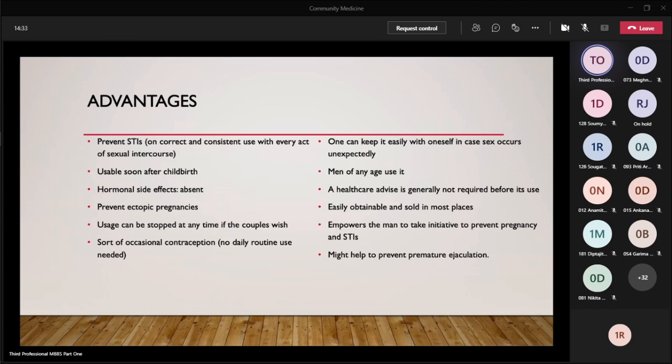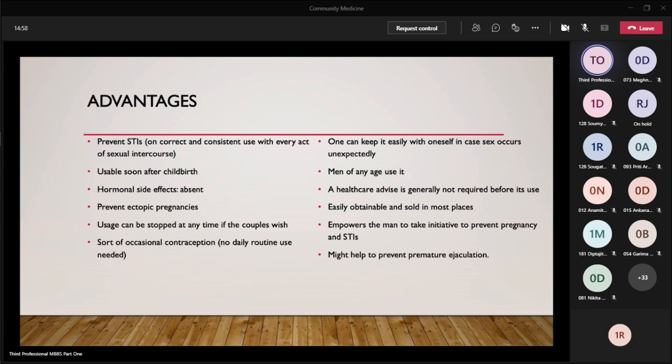Regarding its advantages, as we said, it can prevent sexually transmitted infections, and can be used soon after childbirth. Then there are no hormonal side effects, and it can prevent ectopic pregnancies. Usage can be stopped anytime if the couple wishes. So it's convenient in that way.